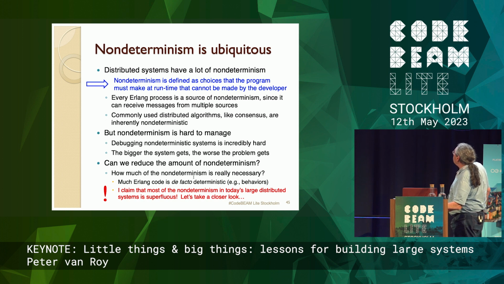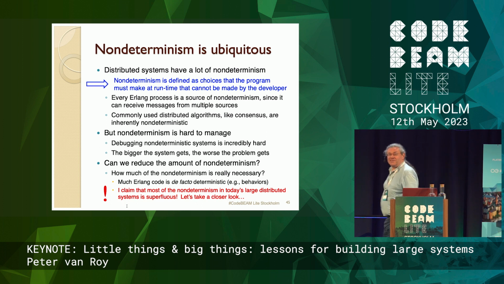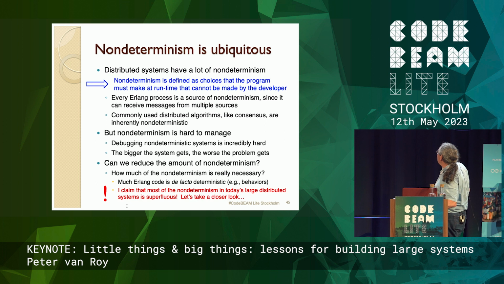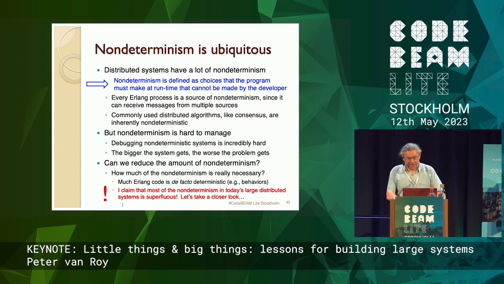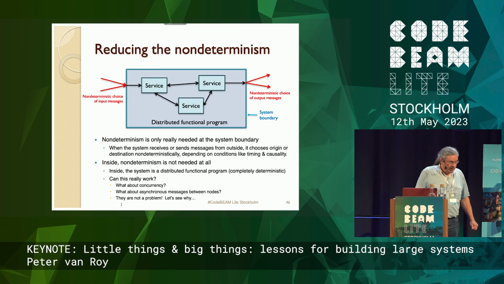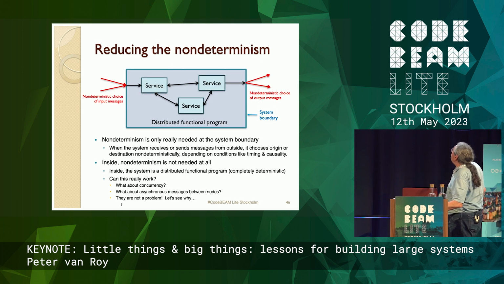So my claim, and this claim has caused arguments between me and people, is that most of the nondeterminism is superfluous in a distributed system. Let me explain why I think this is true. In my view, you only really need nondeterminism at the system boundary, where the system talks to the real world or external world.